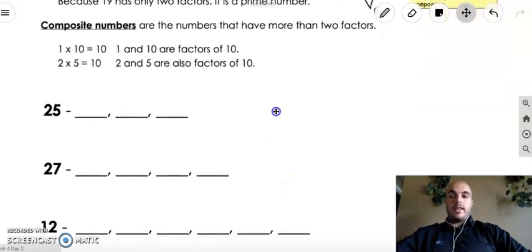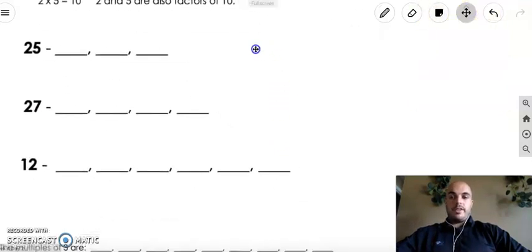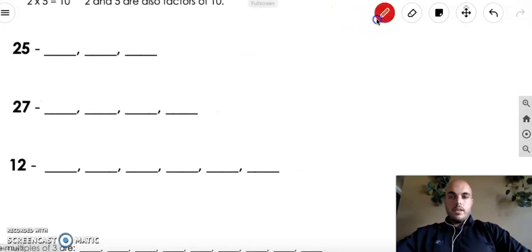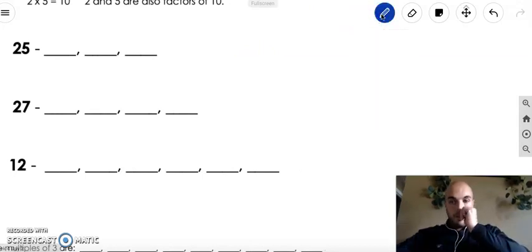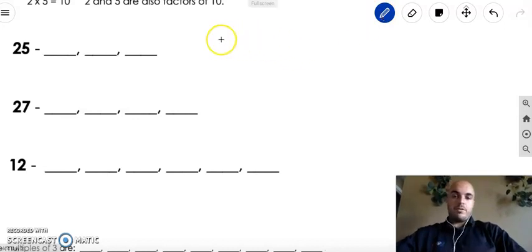So let's look at finding some factors here. I'm going to use my strategy, my factor rainbow, which I'm a big fan of. I find it very useful. So I have 1 and 25. That was the worst written 25 ever. Here we go, let's try this again. 25, so 1 to 25.